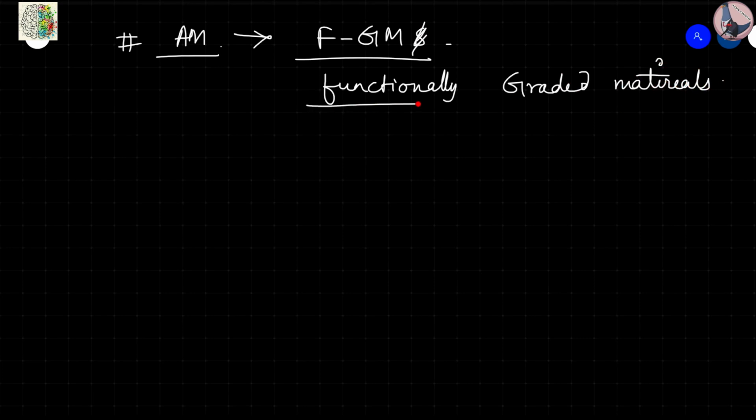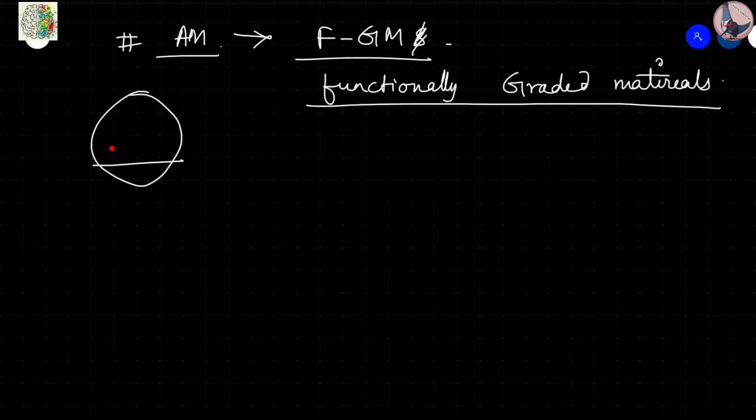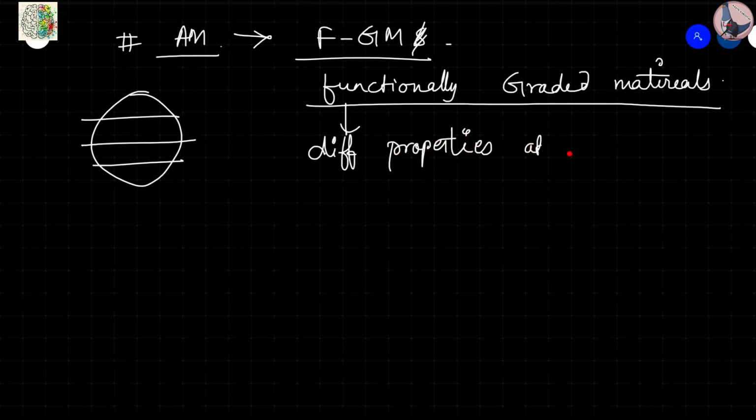Now, what do you mean by functionally graded materials? It means having an object which will have different properties at different parts, different locations in the same part.